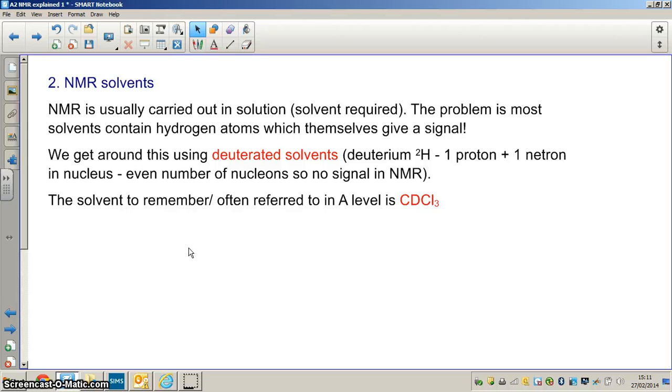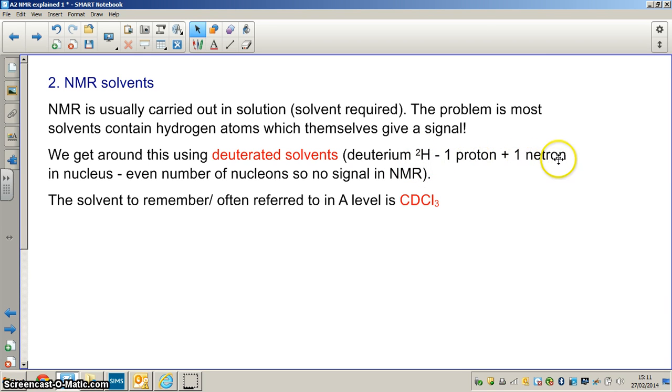So what we have to do, when we run NMR spectra, is get round this hydrogen problem in solvents. And the way we do that is using solvents which are called deuterated solvents. In this case, the hydrogen in the solvent isn't hydrogen, it's actually deuterium. And if we remember, deuterium is an isotope of hydrogen, but it has one proton and one neutron.